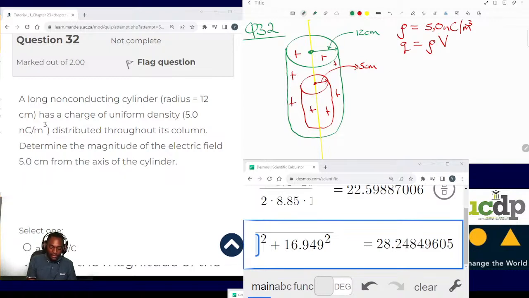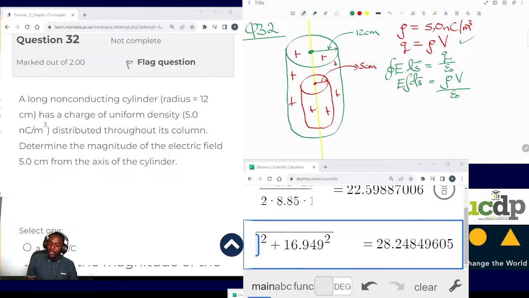law. The integral of E dot dS is equal to the charge enclosed over epsilon naught. This is E integral of dS, which equals the charge enclosed, rho V, so it becomes rho V over epsilon naught.